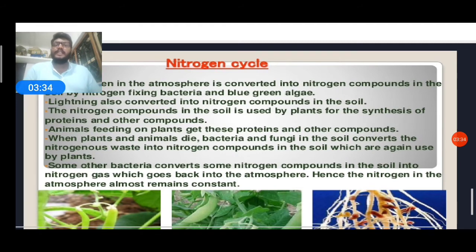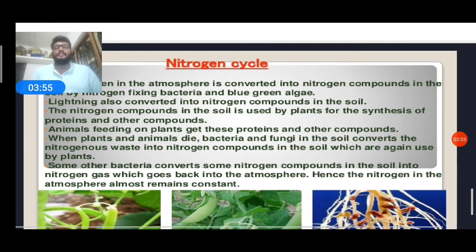When plants as well as animals die, the bacteria and fungi in the soil convert the nitrogen waste into nitrogen compounds in the soil, which are again used by the plants.